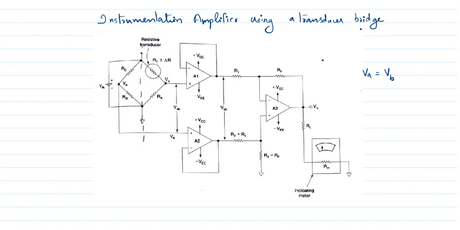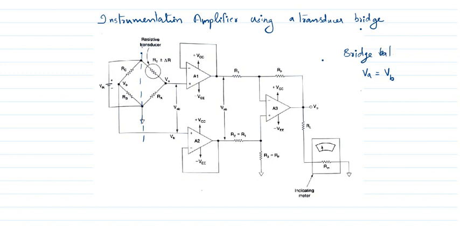We can consider this loop and this loop too. From one loop we get VA, the voltage from this portion, and VB is the other voltage coming from the second loop. So the bridge is balanced only when it satisfies the reference condition.